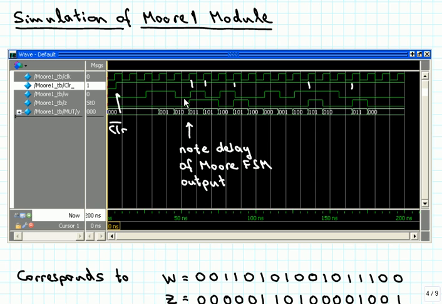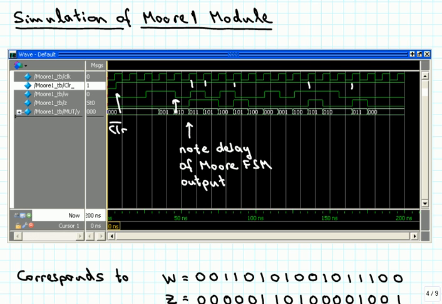We could in principle have said that 1, 1, 0 can already be detected here. But the Moore finite state machine wants to see the pattern all the way to the end before it actually asserts then a 1 at the output. So we get a delay of 1 clock cycle here from the moment we could first have detected the 110 pattern.